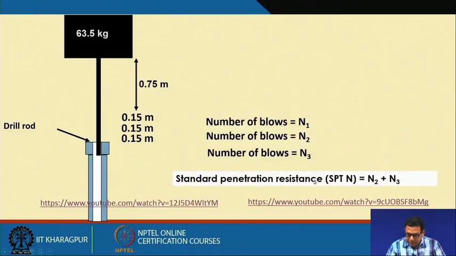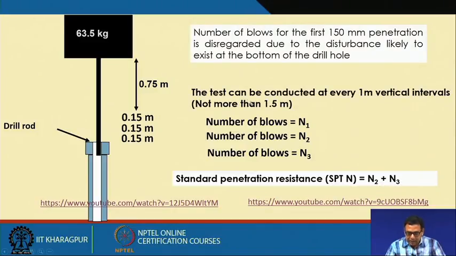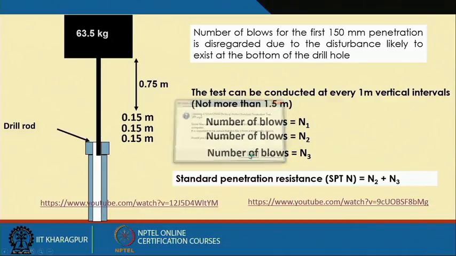So, the standard penetration resistance, or SPT N, is N2 plus N3, and the number of blows for the first 150 millimeter penetration is not considered, as it acts as a seating load. The test can be conducted at every 1 meter vertical interval, not more than 1.5 meter. I have a couple of YouTube videos by which you can see this.